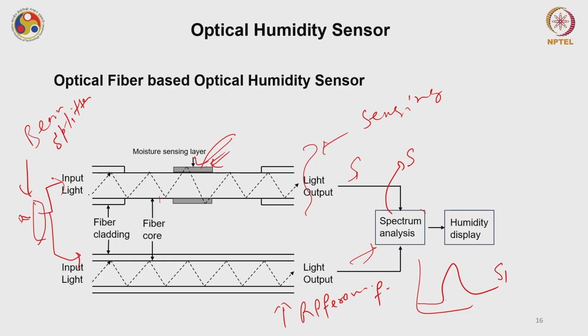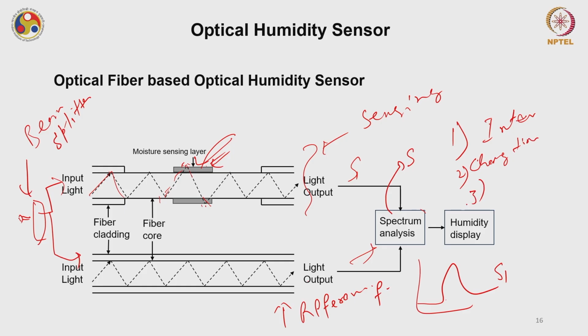Now when you pass this light through, it is going to propagate through this layer, and you can detect a number of changes here. You can find a change in the intensity. Since it is going here and coming here, it will of course take a little more time, so apart from intensity, you can also detect the change in time.